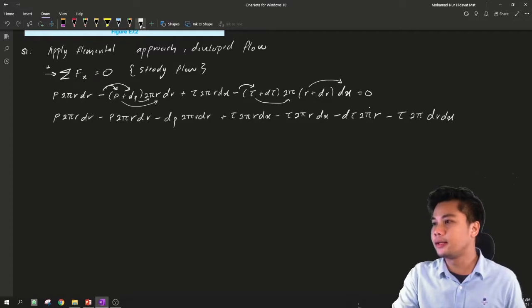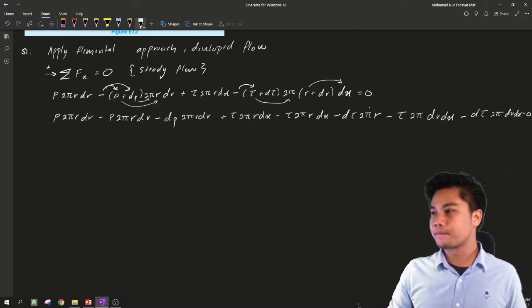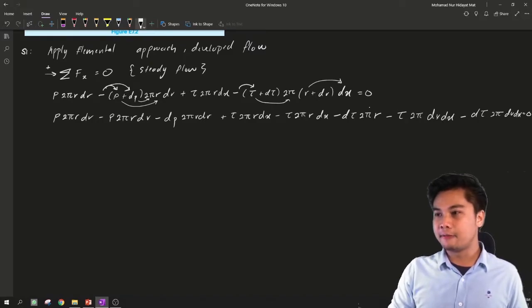And then again, you need to apply negative d tau 2 pi dr dx equal to 0. From this one you need to simplify.